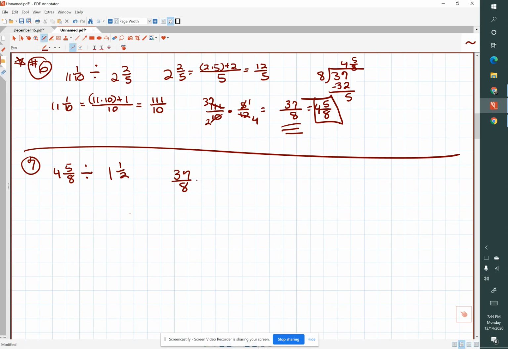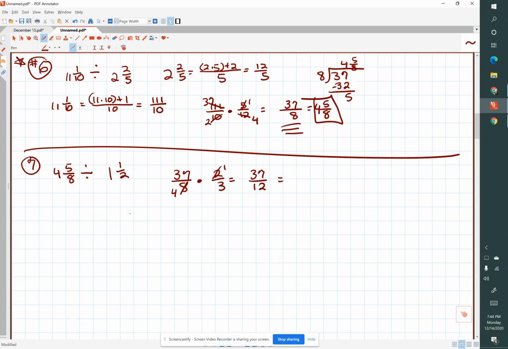So we're going to change the division to multiplication. And the reciprocal of 3 over 2 is 2 over 3. So 2 divided by itself is 1. 8 divided by 2 is 4. So 37 times 1 is 37. 4 times 3 is 12.